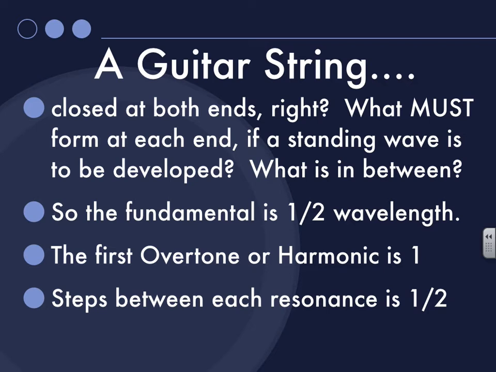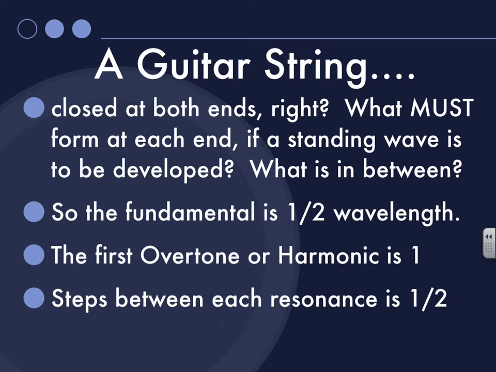And the ones that happen at the same time that aren't the dominant one, the dominant one is the one that you hear, that's going to be the fundamental. The other ones are called overtones. And they are happening at the same time, but they're not happening as strong. But we can force that to happen. So anyway, the fundamental here is going to be one wavelength because we're going to have half in between there.